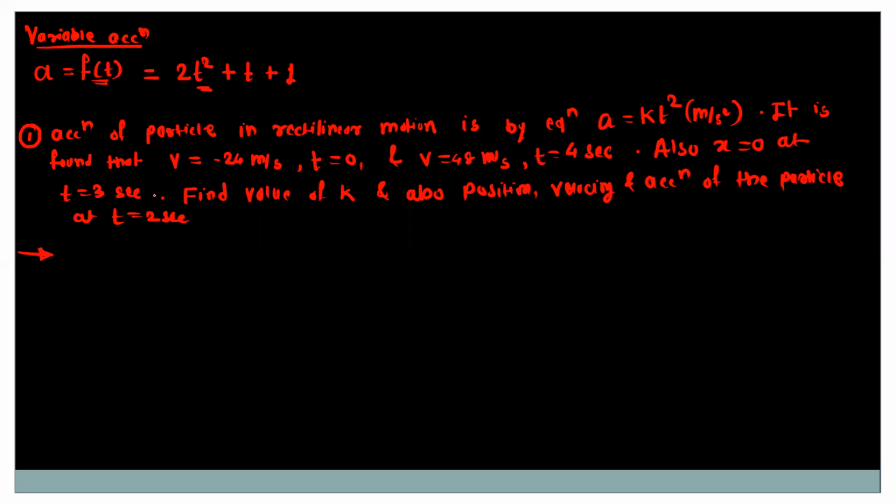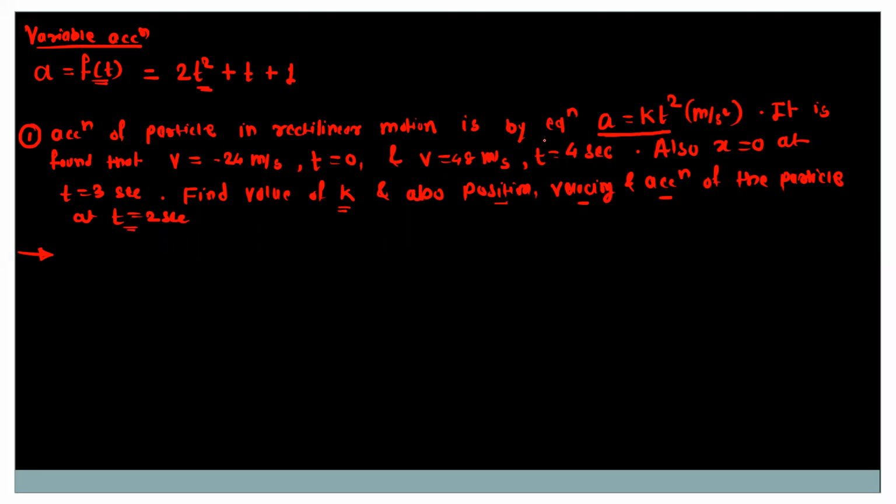Okay, so this problem is on the variable acceleration because acceleration is represented by this equation, which is a function of time. Okay, so by using this equation and given conditions, we have to find out the value of k, that is a constant k in that equation, and position, velocity, and the acceleration of the particle at t is equal to 2 seconds.